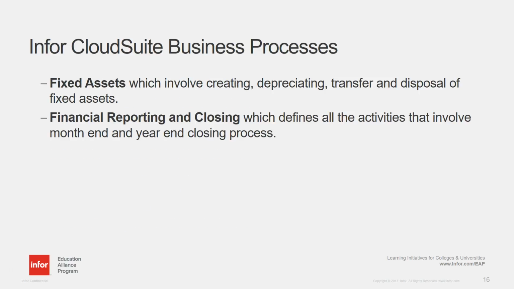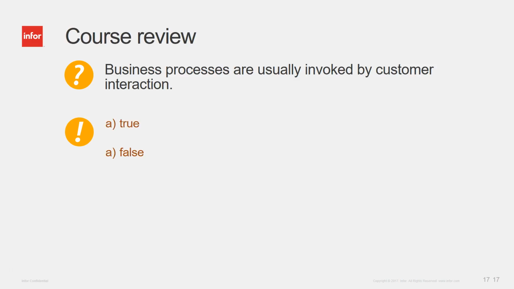We also look at fixed assets, depreciation, transfer and disposal of fixed assets, and so on. And then we have financial reporting and closing, all activities for the month-end or year-end closing processes. Those are some of the more important business processes that we will be conducting in this class using Infor CSI.